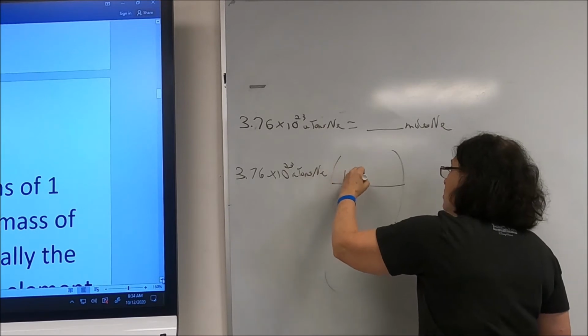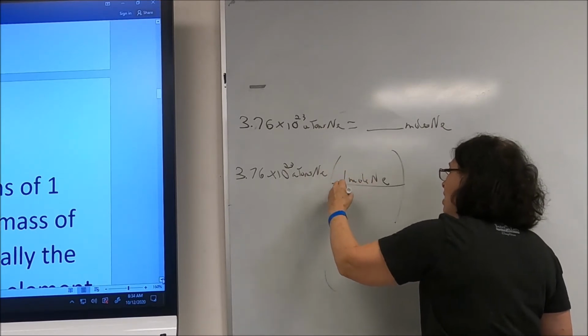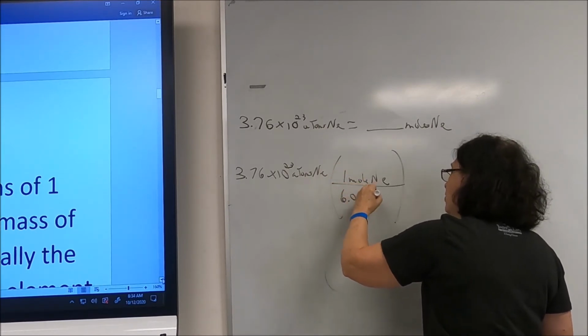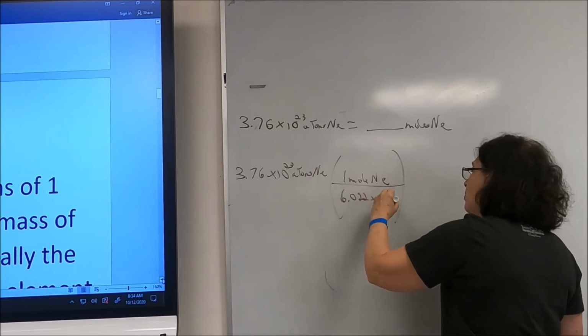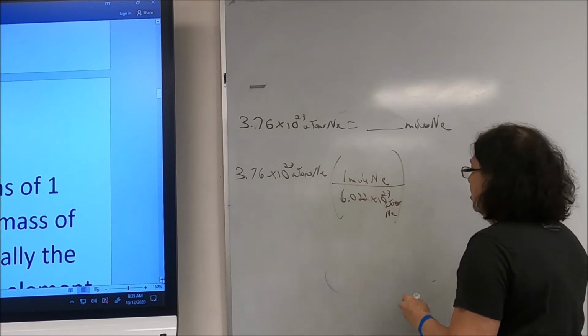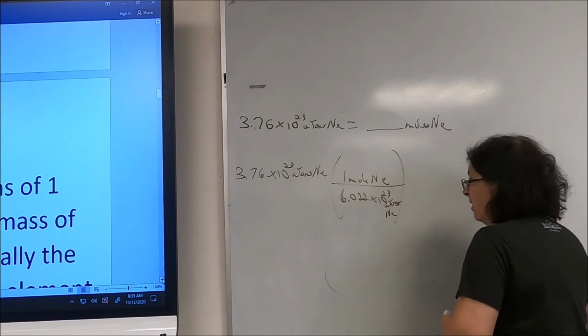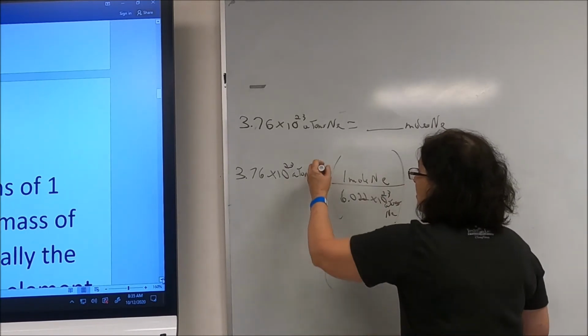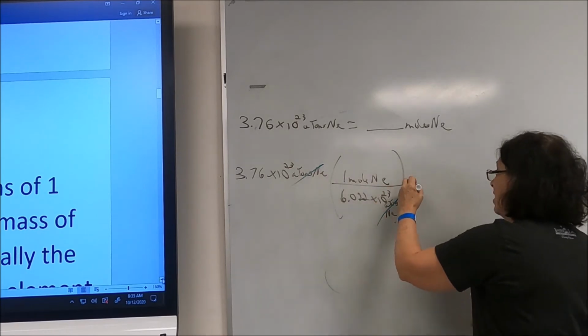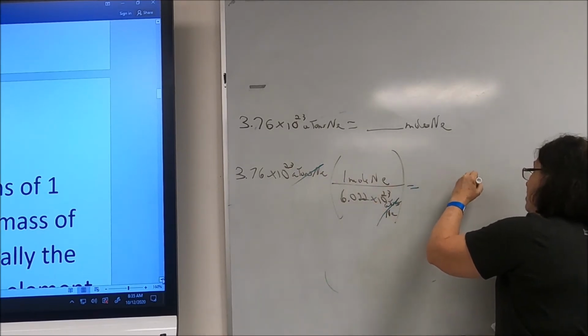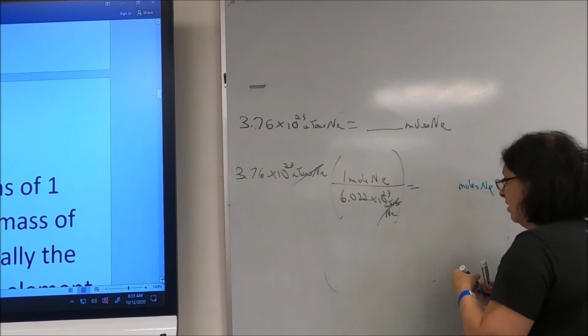I'm going to go 1 mole of neon on top, 6.022 times 10 to the 23 atoms of neon on bottom. So notice that atoms of neon divide out. I'm left in moles of neon.